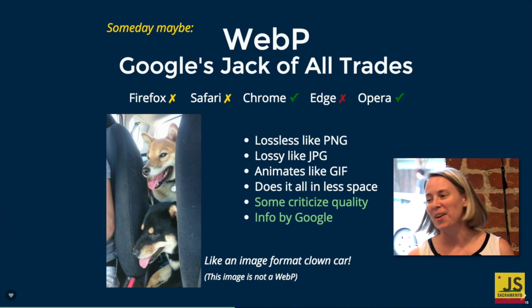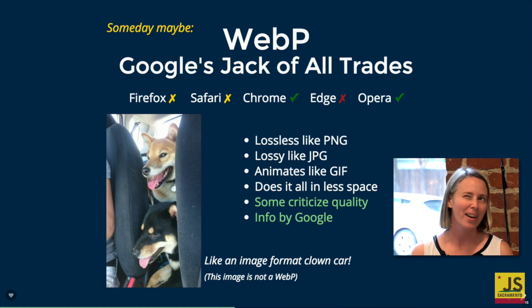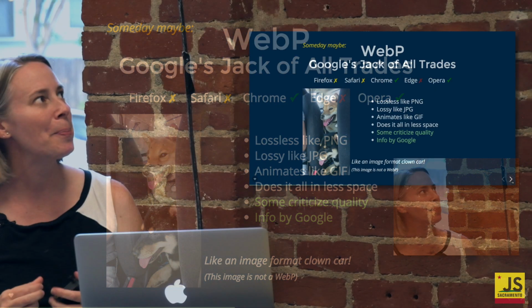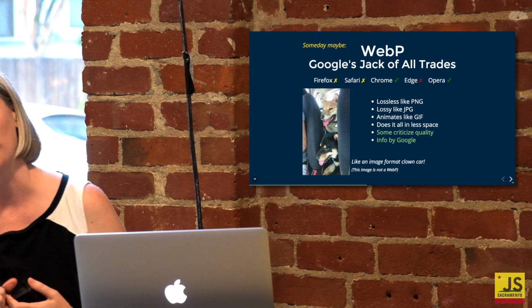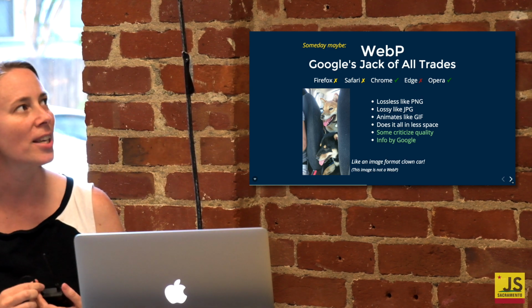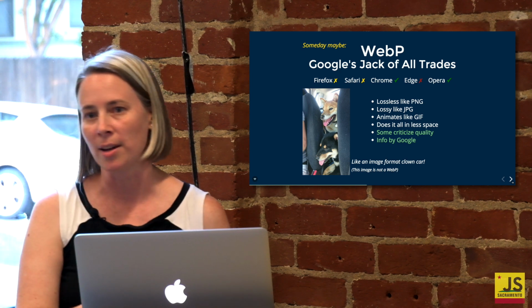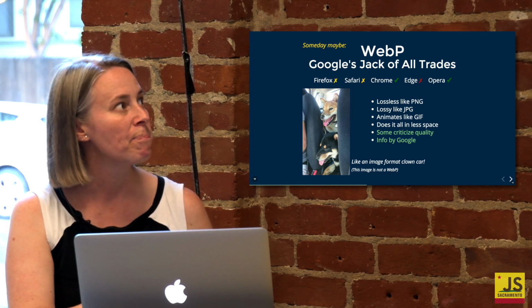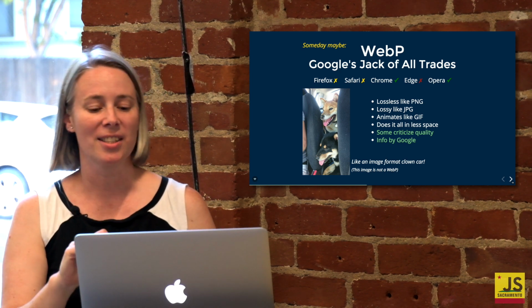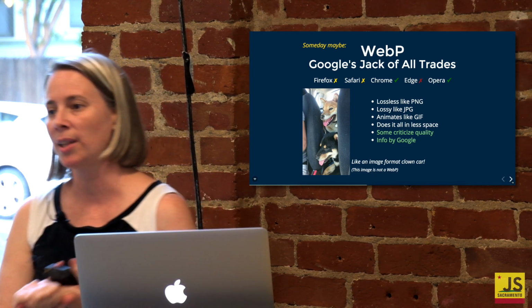Now, bringing in some other image formats that are kind of on the horizon, WebP is one that Google has developed, and so it should come as no surprise that it's supported on Chrome. It's also supported on Opera because they use the same rendering engine. It's pretty cool because it's lossless like PNG, or it can be lossy like JPEG.